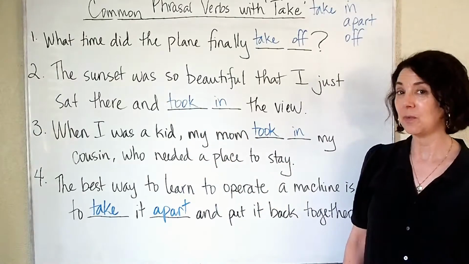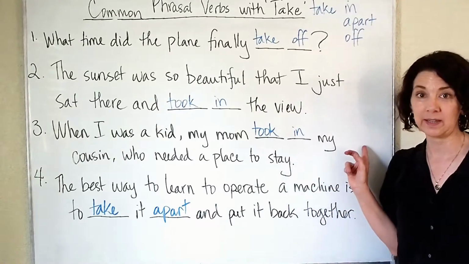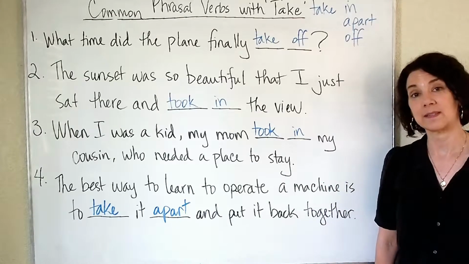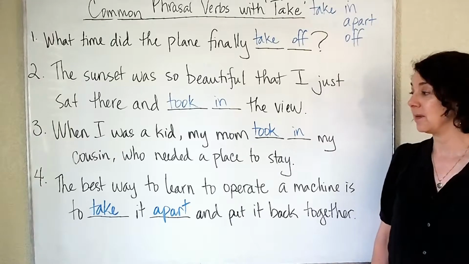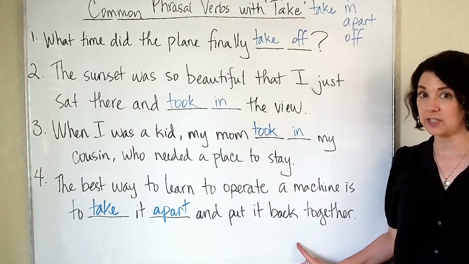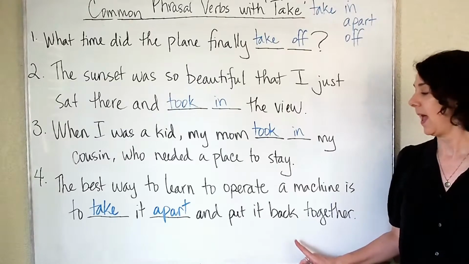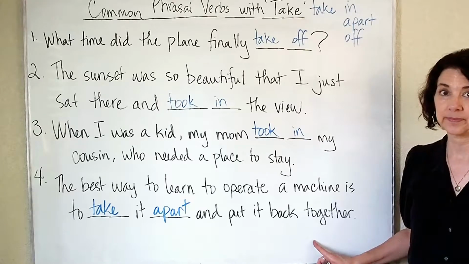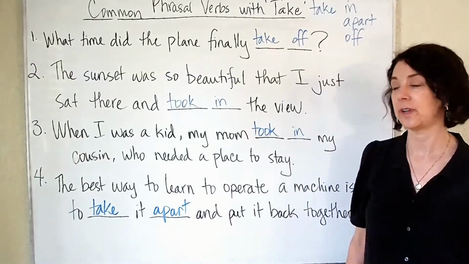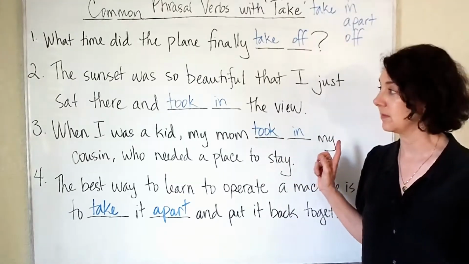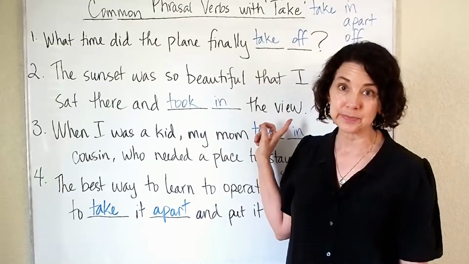Number 3, when I was a kid, my mom took in my cousin who needed a place to stay. And number 4, the best way to learn to operate a machine is to take it apart and put it back together. So notice with these that we're going to put the stress on the second word. Took in my cousin. Took in the view.